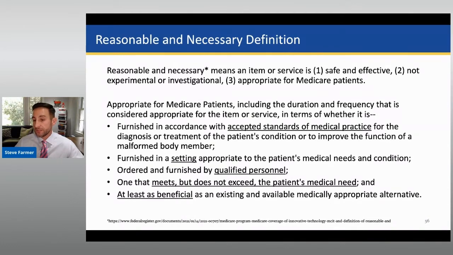Especially for novel devices, there may not be a clear medical practice standard at the time of FDA market authorization, for example, especially if no similar treatment has previously been available in the market. CMS also considers the appropriate circumstances in which the device should be offered, including considerations like the required expertise of the providers who order and furnish the device and the setting in which it is offered.